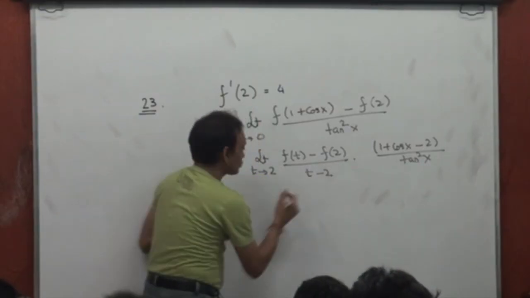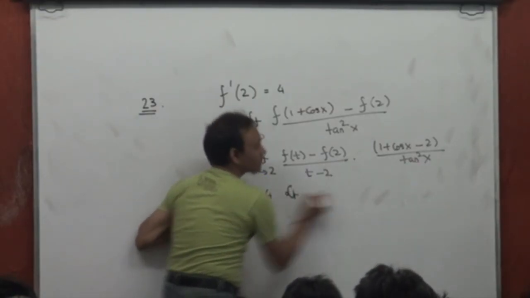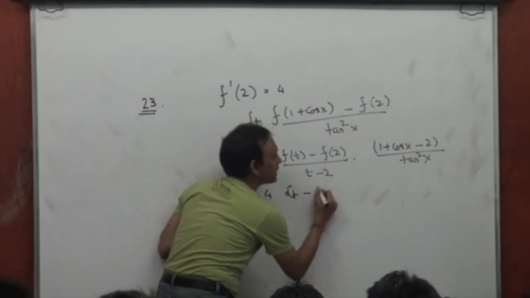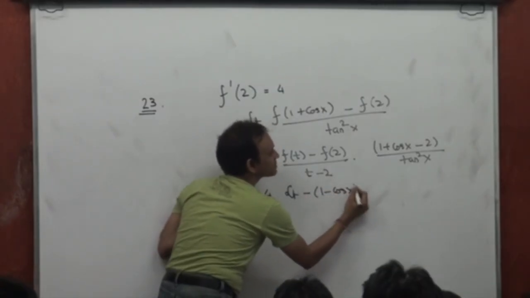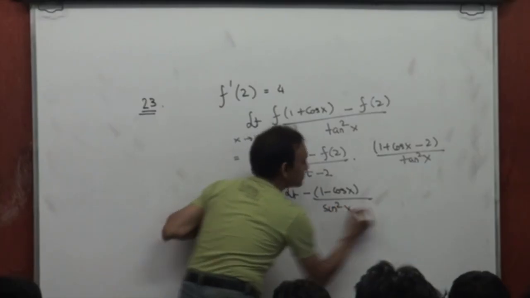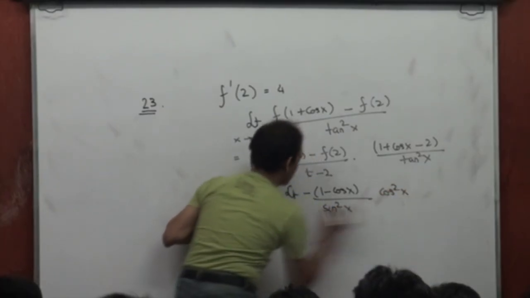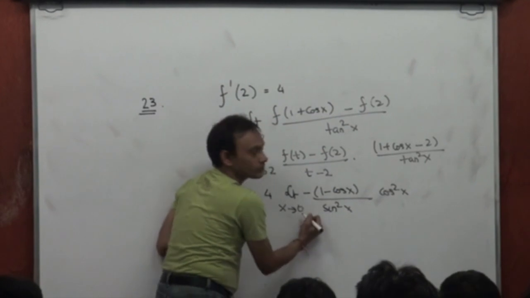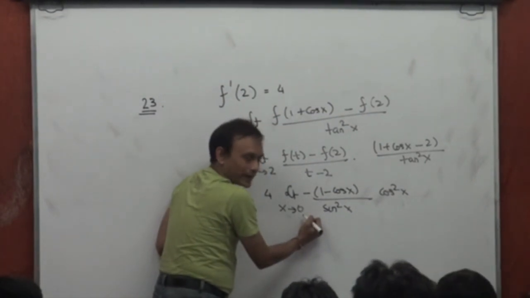So 4 into limit, this is minus of 1 minus cos x by sine squared x cos squared x, x tends to 0. Right?